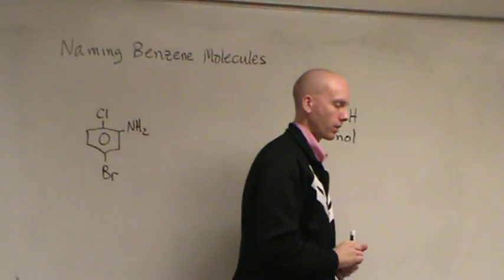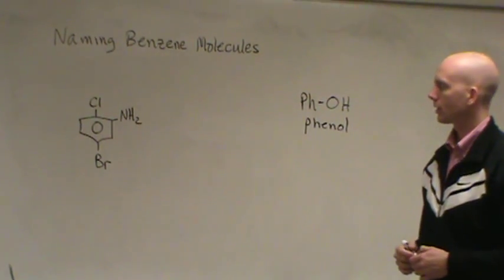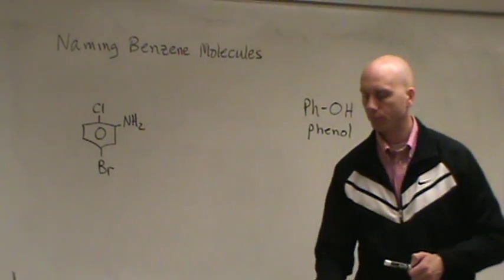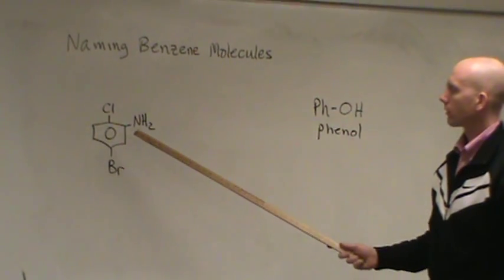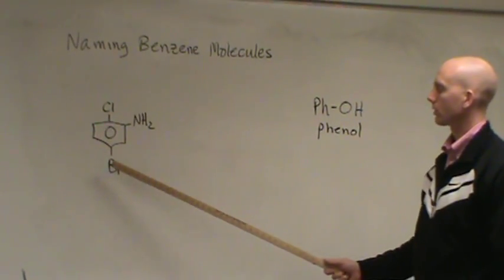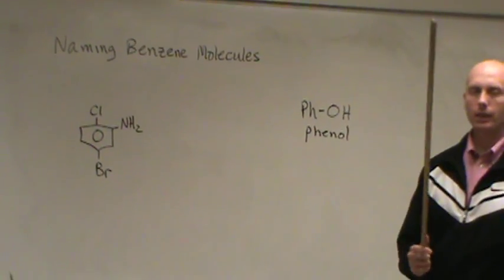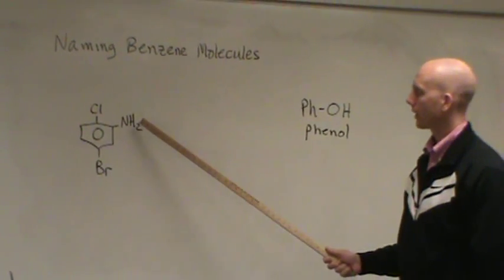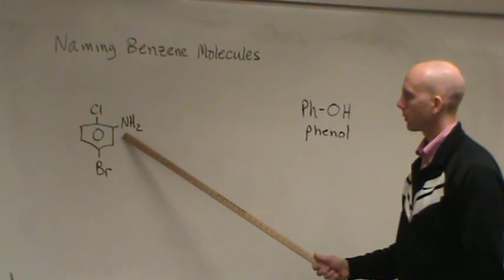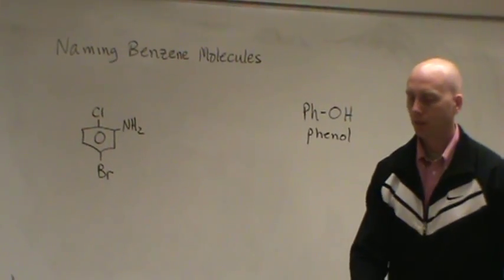Let's suppose we had a molecule like this, and we wanted to figure out its name. First thing you want to do is look to see if there's any trivial names in here. Do you see a trivial name? NH2, which is what? Aniline. Okay? So this aniline will be the primary spot that we start going out from.